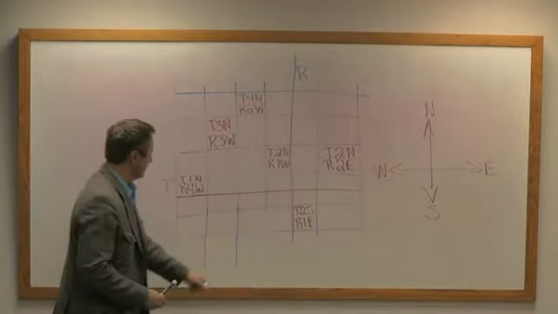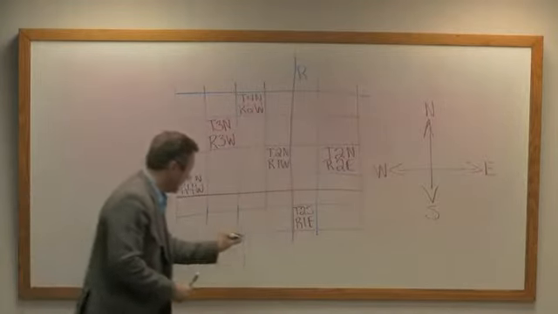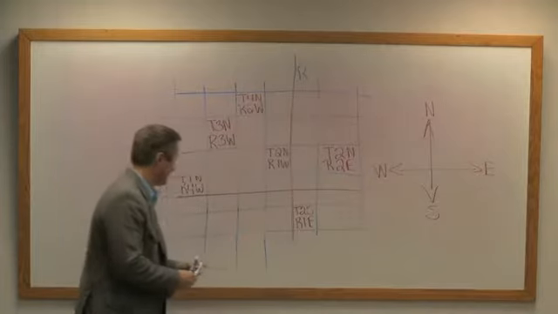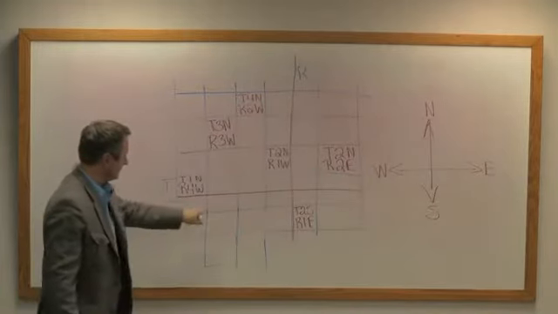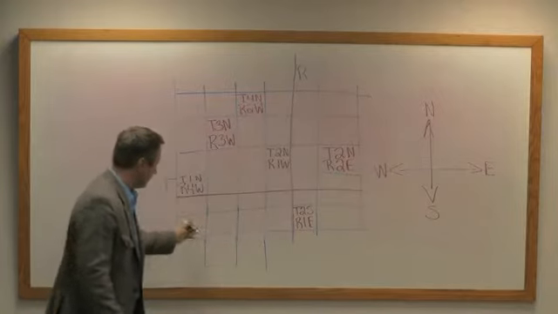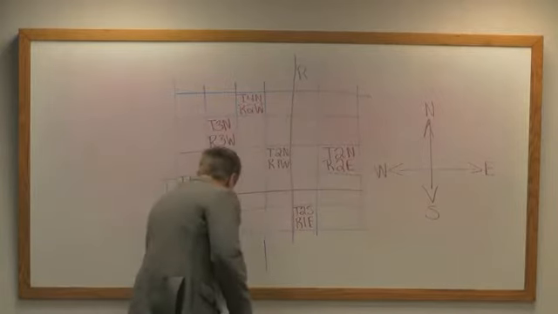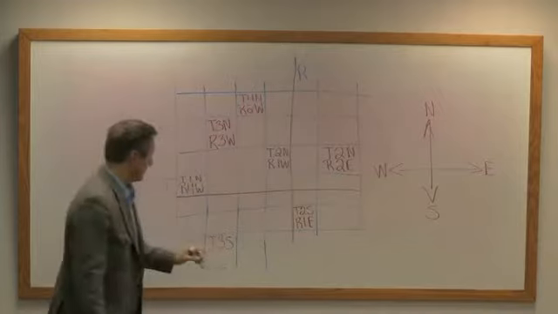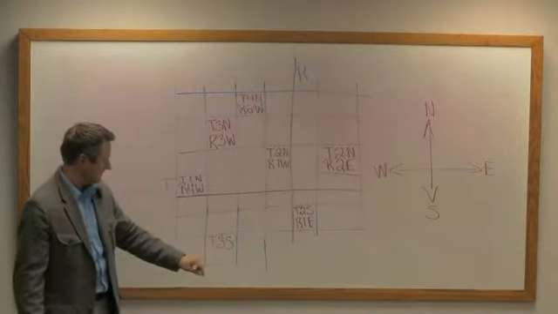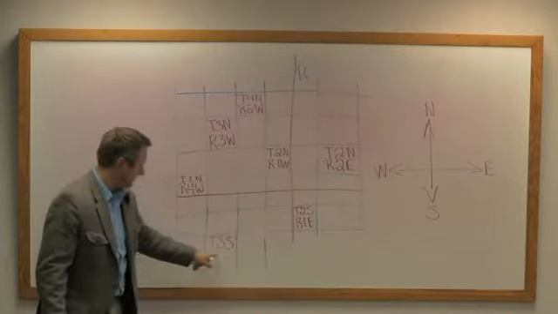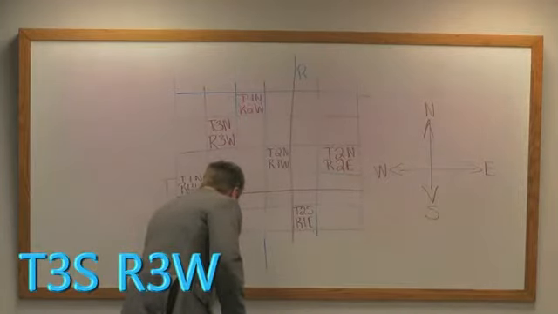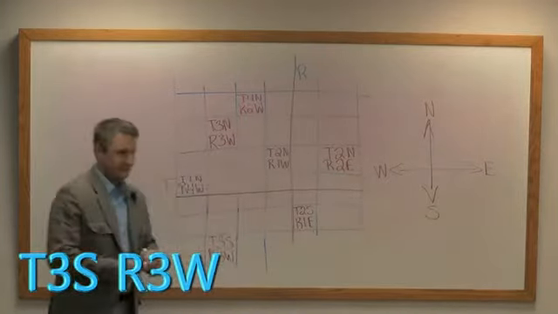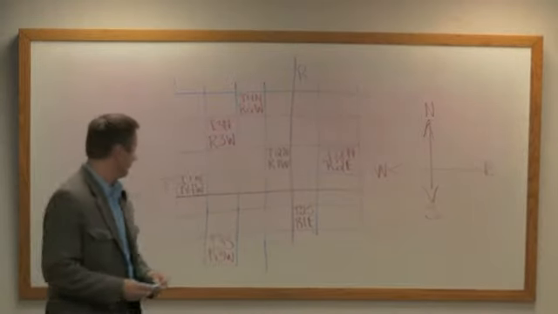What if I'm down here? So I'm 1, 2, 3 south. 1, 2, 3 west. I think you're right.